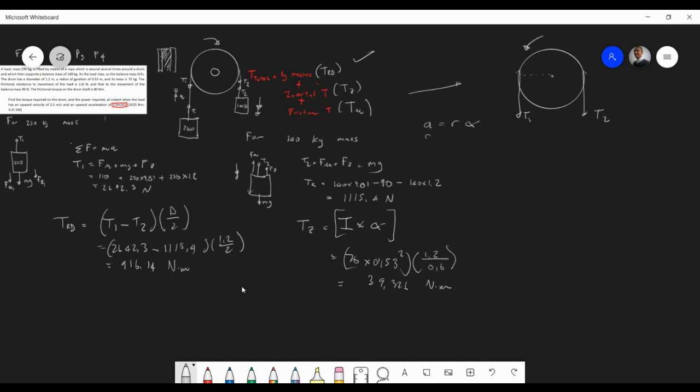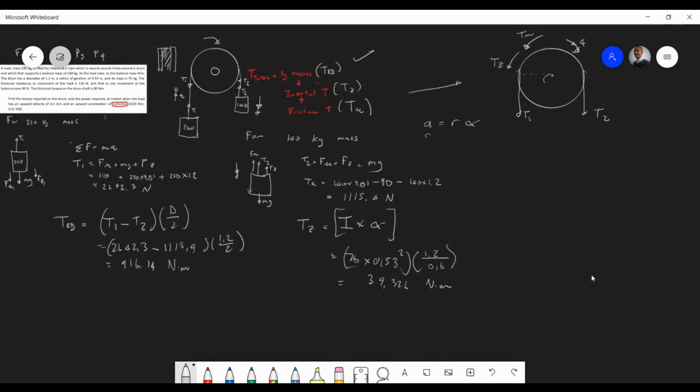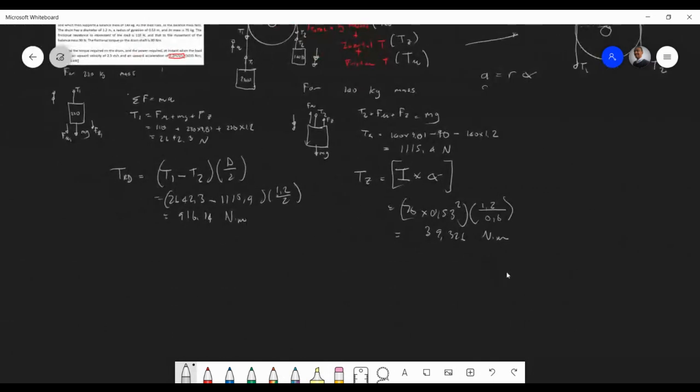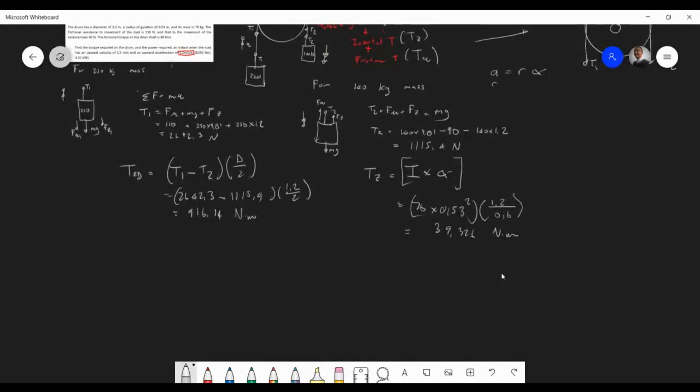Therefore, our angular acceleration is going this way. And we're going to have TF or T mu and TZ. Let's just call it T mu. And I'm going to ask you a nice question now. I'm going to see if you guys are able to get it.